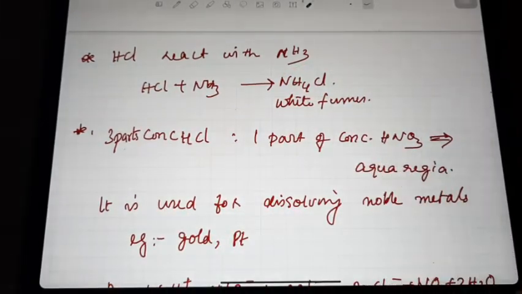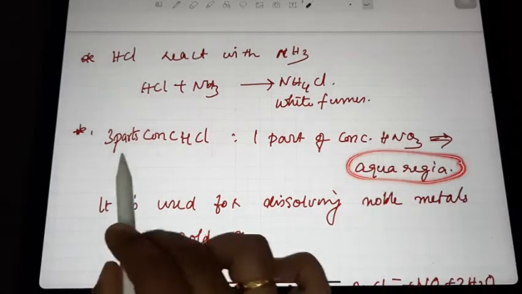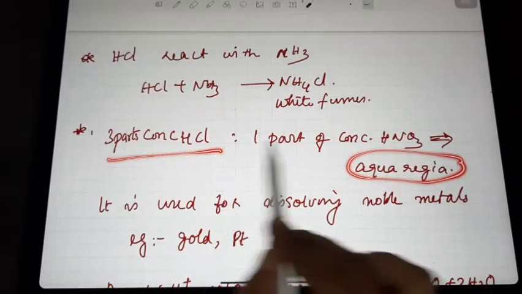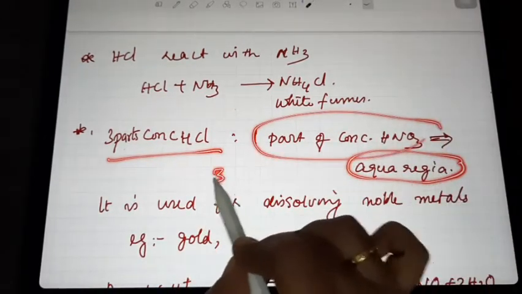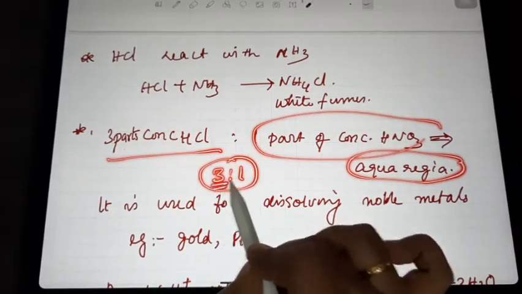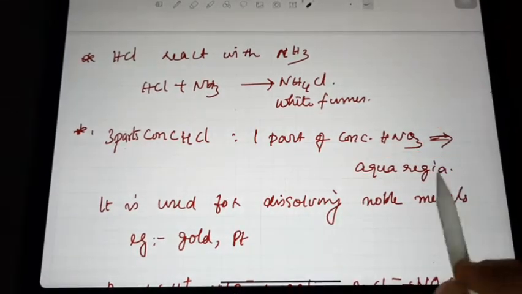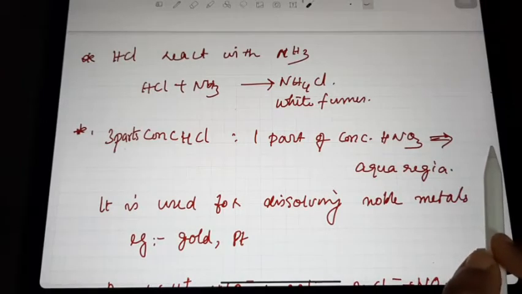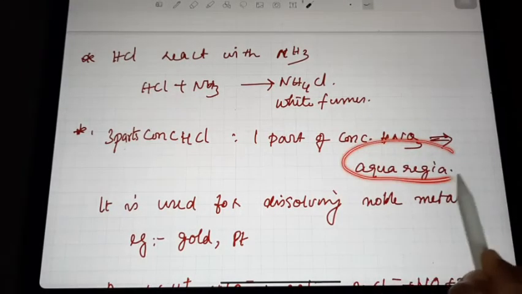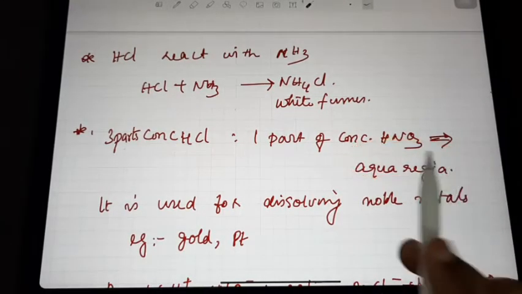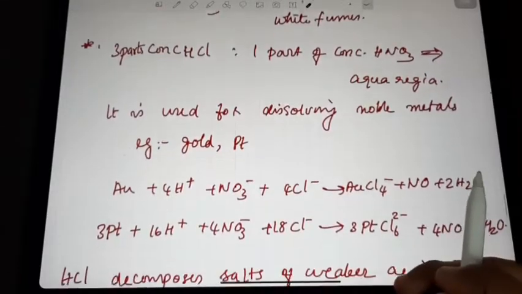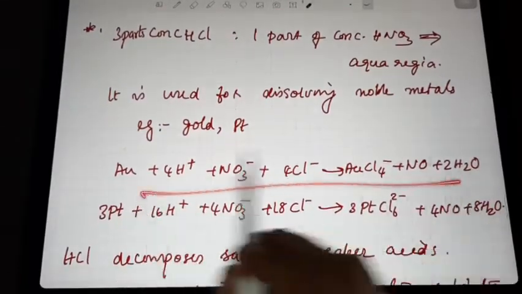Then aqua regia, about which you studied. Aqua regia means 3 parts of concentrated HCl and 1 part HNO3, that means a 3:1 ratio. When you take that mixture, we call it aqua regia. This aqua regia is used for dissolving noble metals like gold and platinum. The reaction is given here.